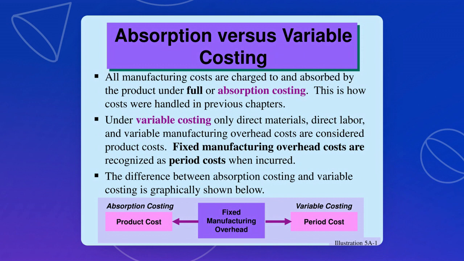In absorption costing, it is part of your product cost, while in variable costing, the fixed manufacturing overhead is part of your period cost. Meaning class, they are all to be expensed outright.